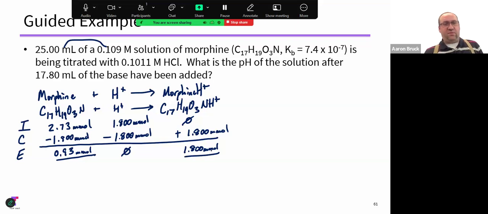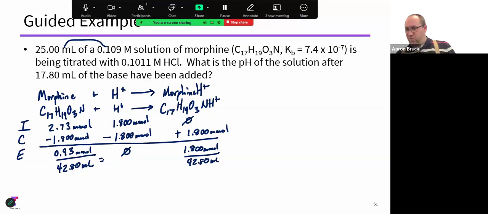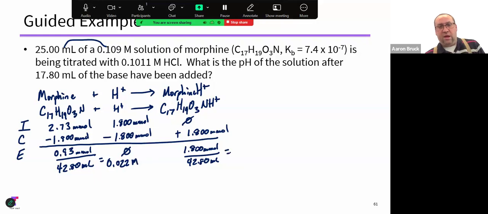So 25 plus 17.80 is 42.80 milliliters. So our concentration of morphine at that point is 0.022, and our concentration of the conjugate acid is 0.04206 molar.